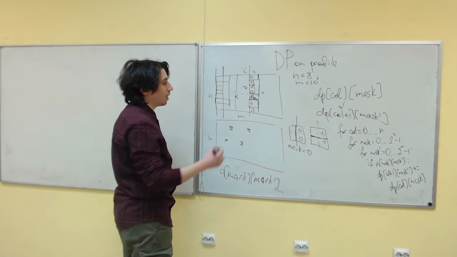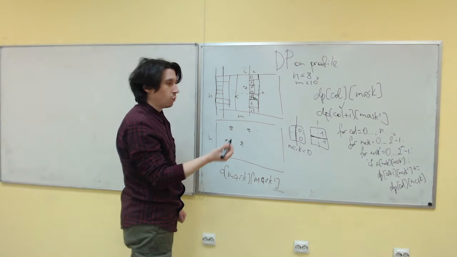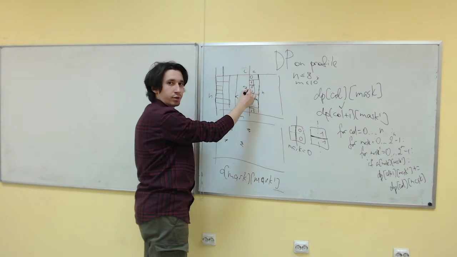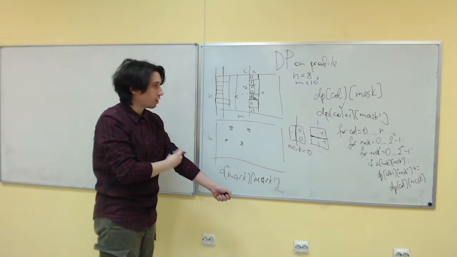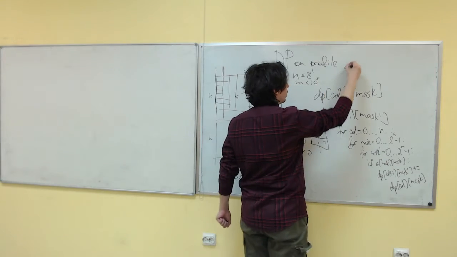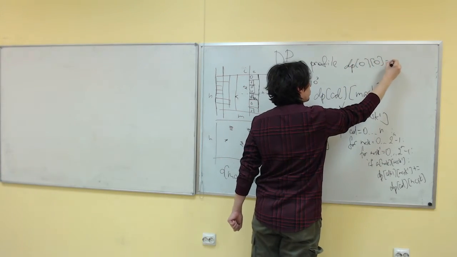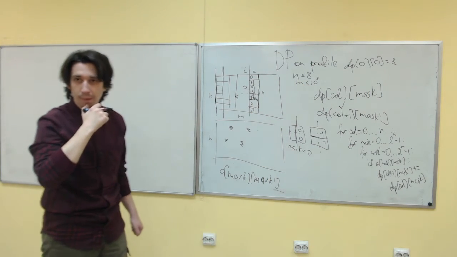I mean, each time when we calculate the dp profile, we calculate for how many columns and what are their already taken cells to the right. So at the beginning, all zeros. Okay, we know how to initialize. It's dp[0][0] equals 1, and everything else equals 0.